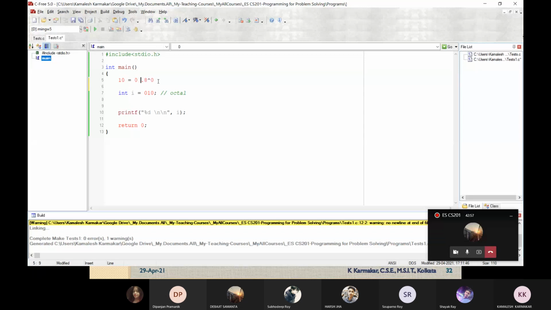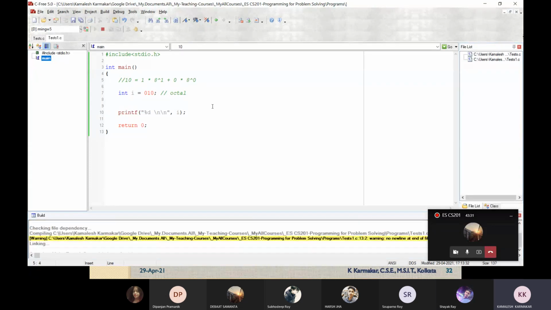This value is 0 into 8 to the power 0, and before that 1 into 8 to the power 1, plus 0 into 8 to the power 0. So 0 into 8 to the power 0 is 0, and 1 into 8 to the power 1 is 8. So this value is 8. If I write 010, this value is 8.